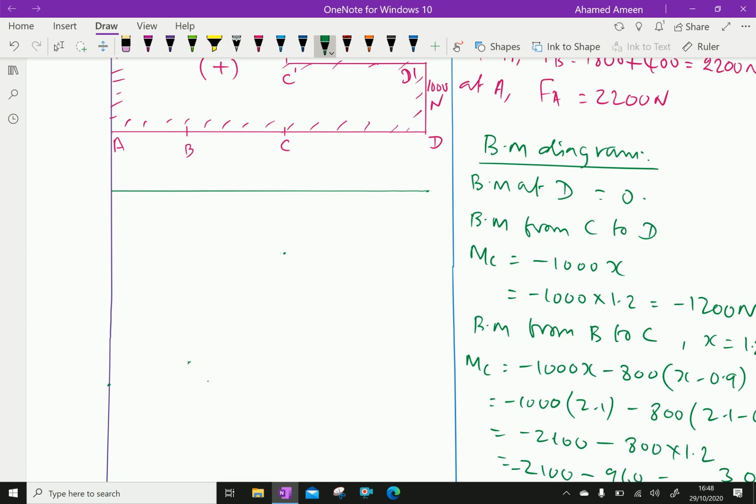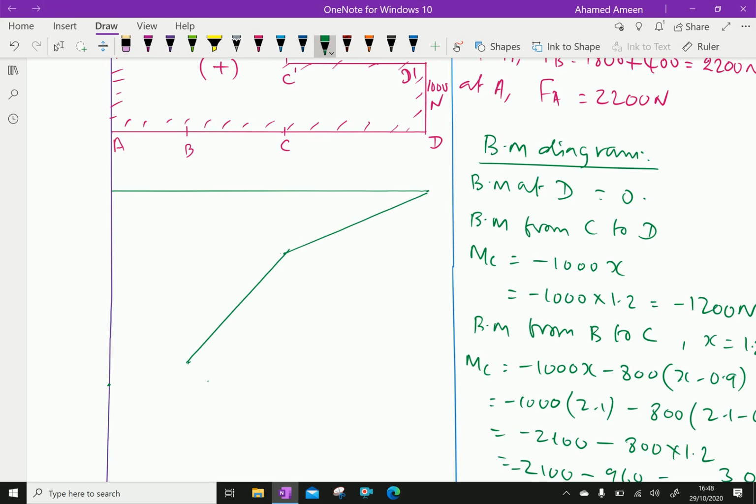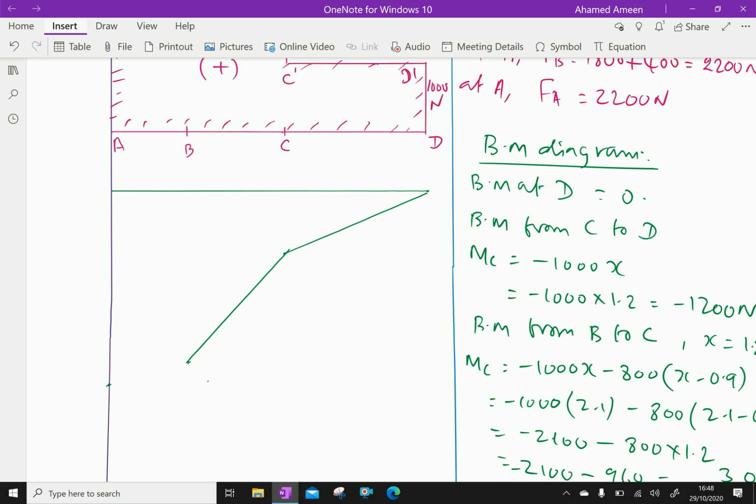Like this we will join them. This is the bending moment diagram. Shading this, let this one be negative.